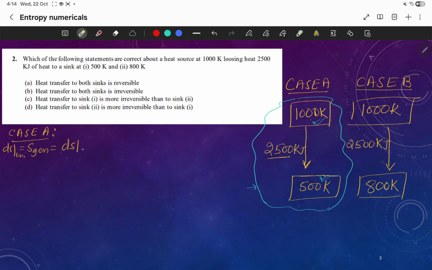This is equal to what, change in entropy of system plus change in entropy of surrounding. Okay, so what is going to happen? So here this system is losing heat of 2500 upon temperature.